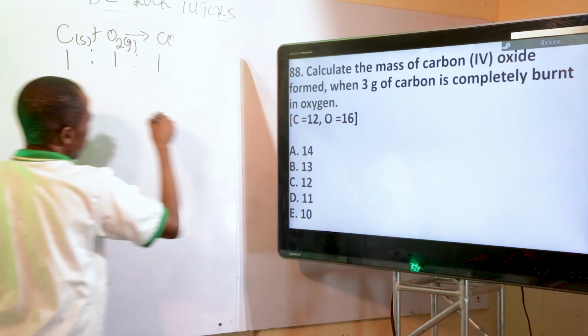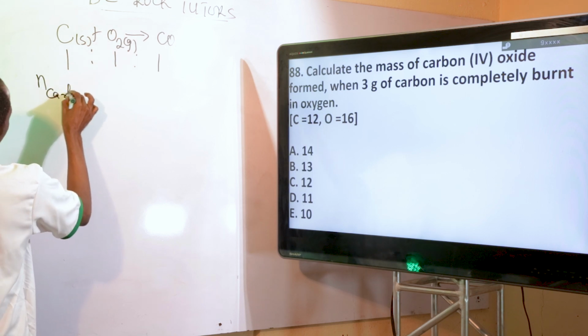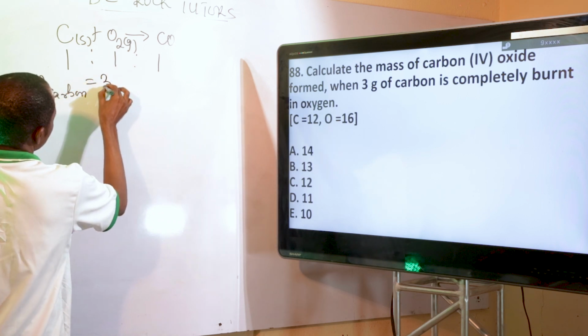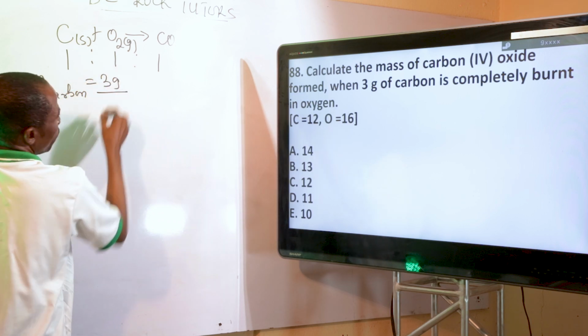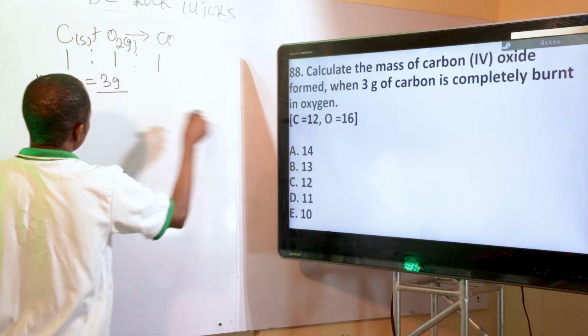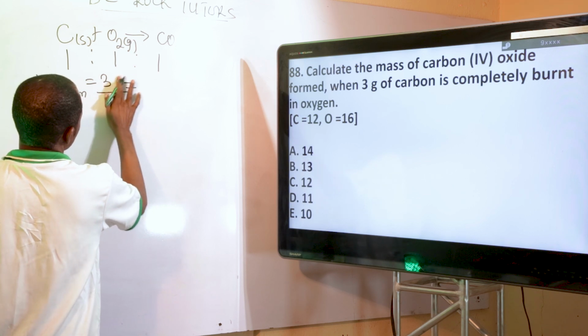Let's calculate the number of mole of carbon here. The number of mole of carbon is going to be the mass of carbon, which is 3 grams, all over the molar mass of carbon, which is the atomic mass, which is 12. And if we divide this, we can remove the gram here.